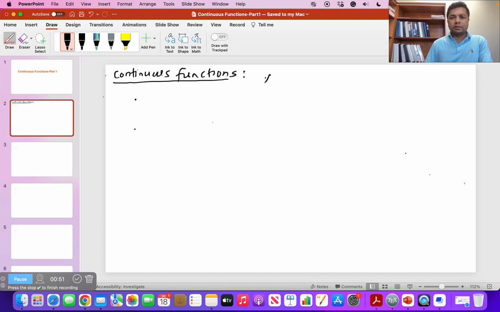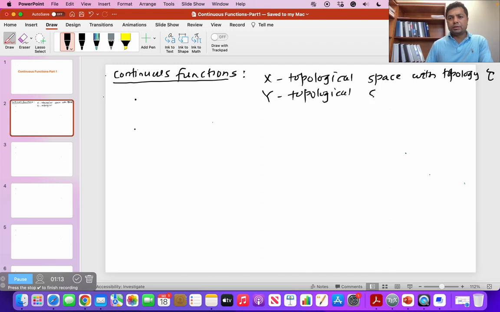Let's say X is a topological space with topology tau, and Y is another topological space with topology tau prime. Okay, we have two topological spaces, X and Y, with the topologies tau and tau prime respectively.